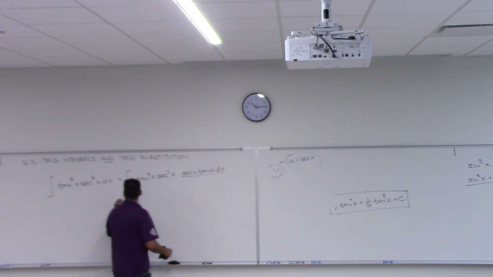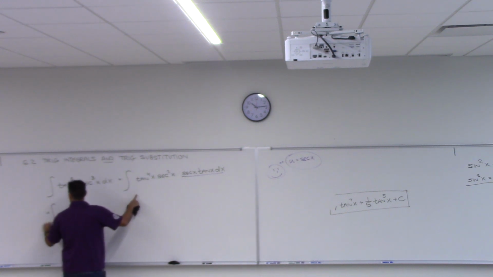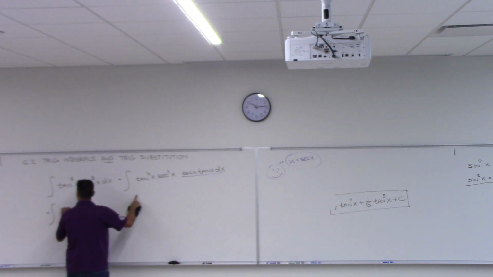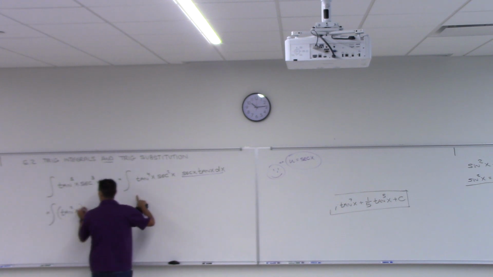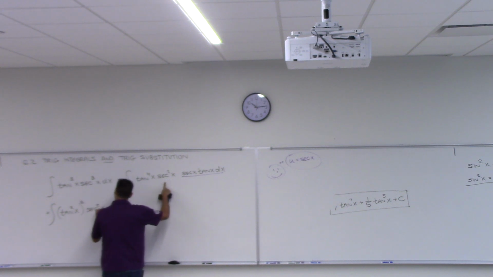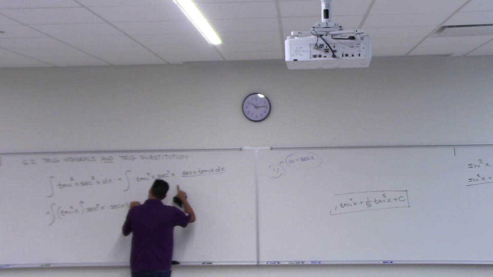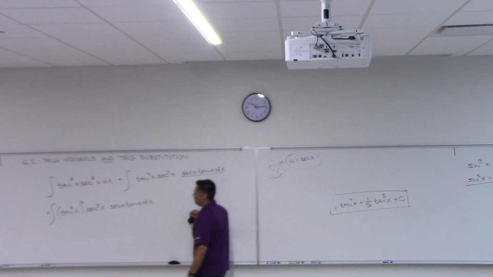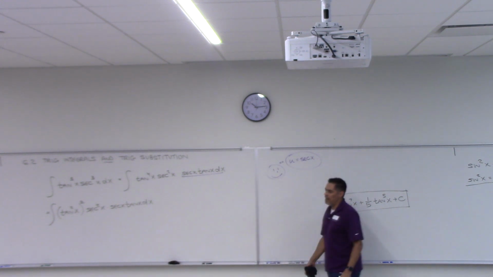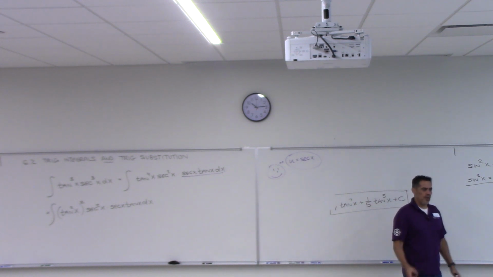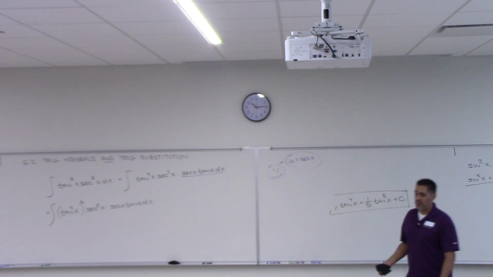So I can rewrite that as tangent squared, squared, that's tangent to the fourth. Leave secant squared x alone. Leave secant x tangent x alone, right? And how do you rewrite tangent squared? You go to the Pythagorean identity, solve it for tangent squared, and you get what?